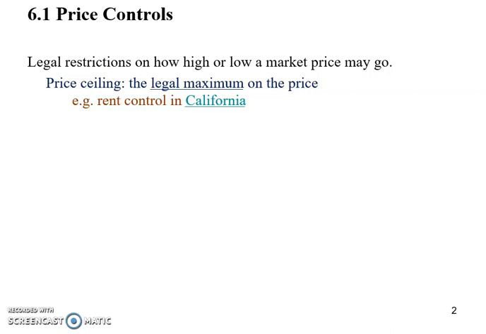For example, if for a two bedroom apartment in New York City, the rent control is $2,000, we're just making up a number, that means the landlord can charge $2,000 or less, but he or she cannot go even $1 above it.